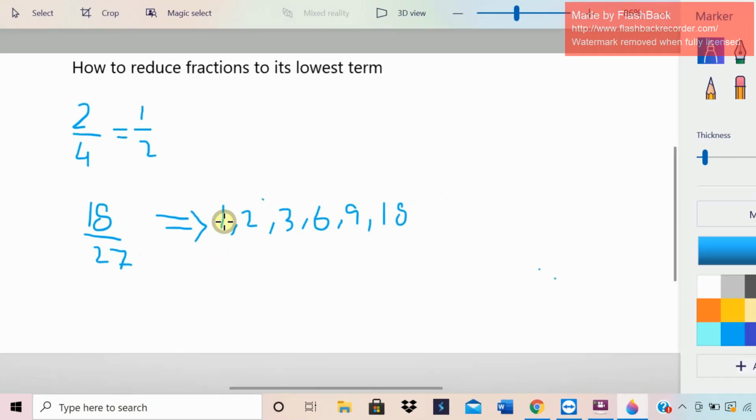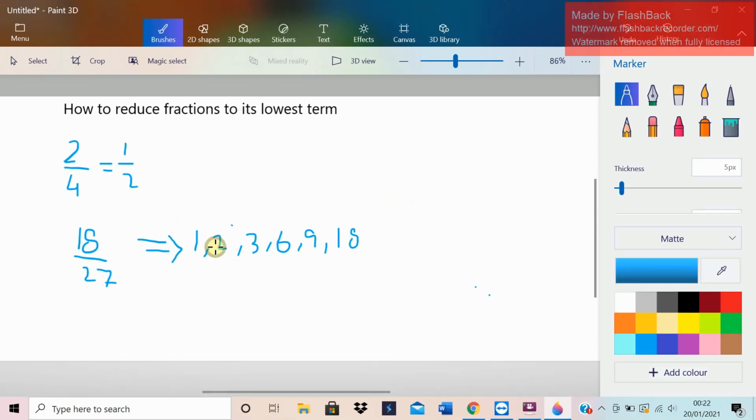So 1 times 18 equals 18. 2 times 9 is 18.